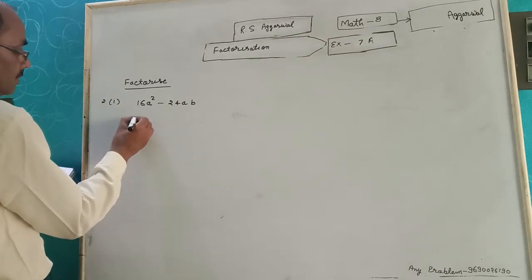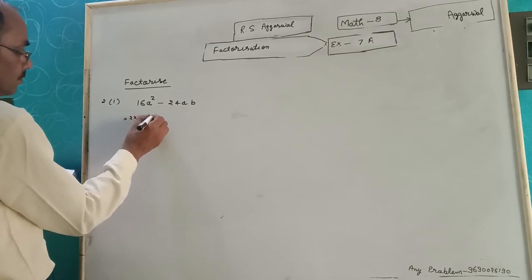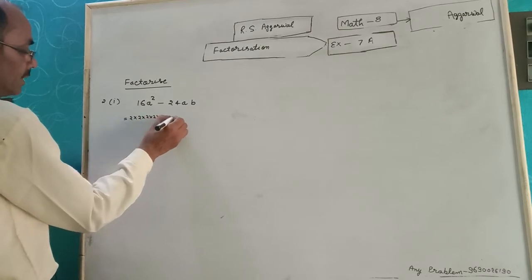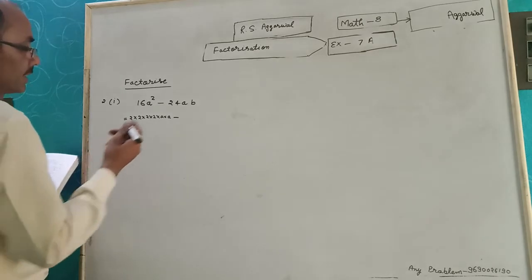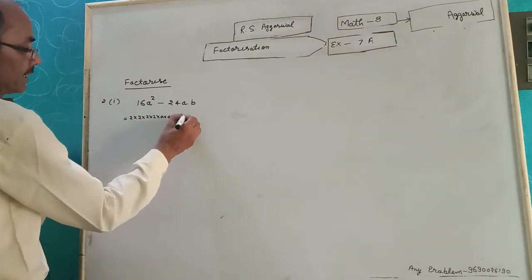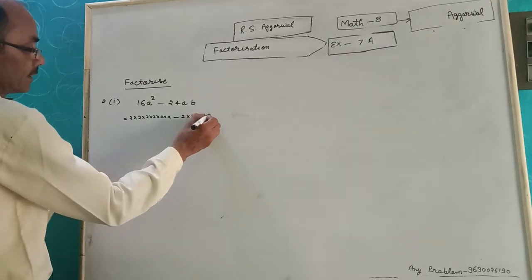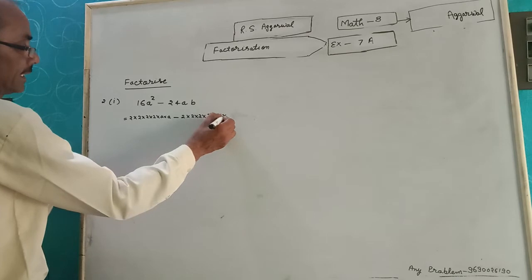Prime factors of the first term: 2 into 2 into 2 into 2 and a into a will be the factors of 16a square. 24 factor is 2 into 2 into 2 into 3 and a into b.